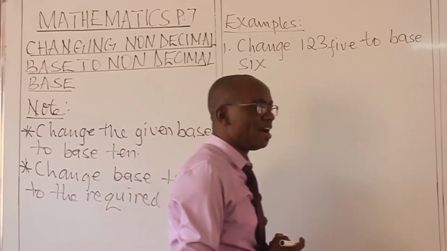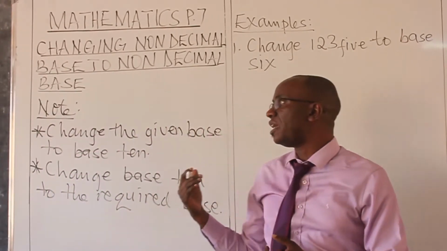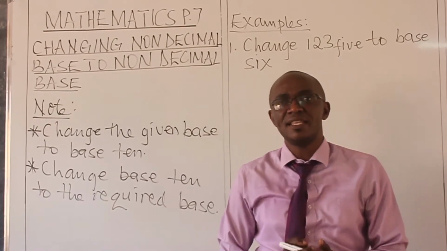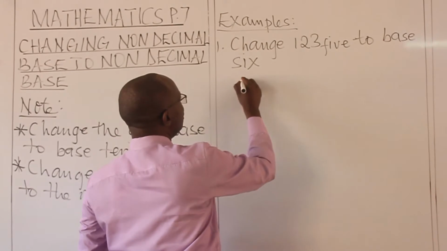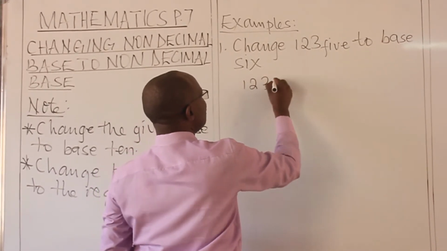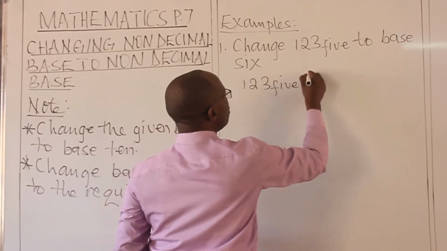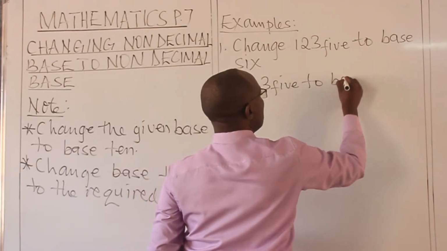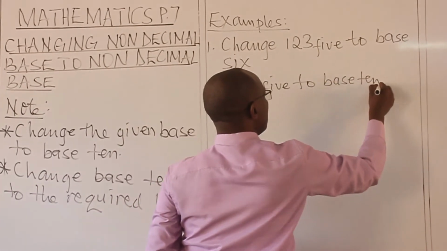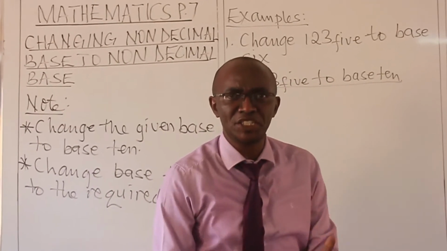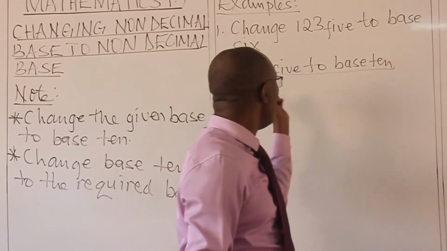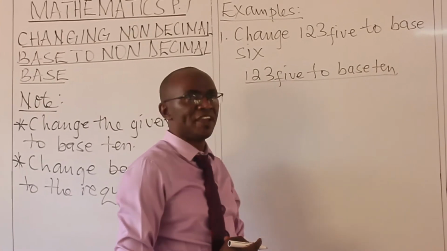But remember, I have said that the first step is to change the given base to base 10. So what I'm going to do is to first change 123 base 5 to base 10. That is what I am going to do first. It is important that you indicate what you are going to do.